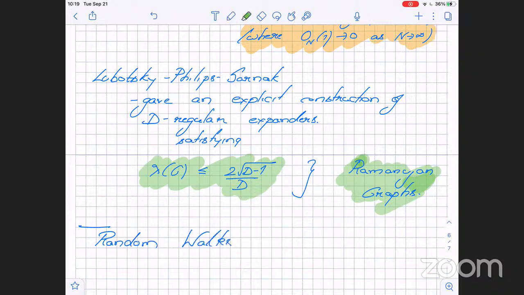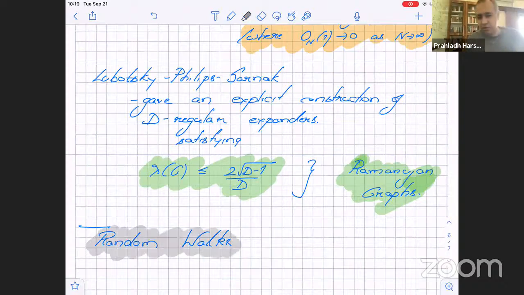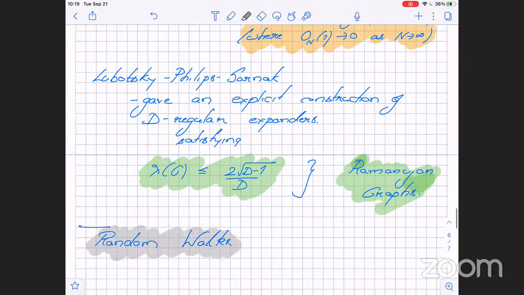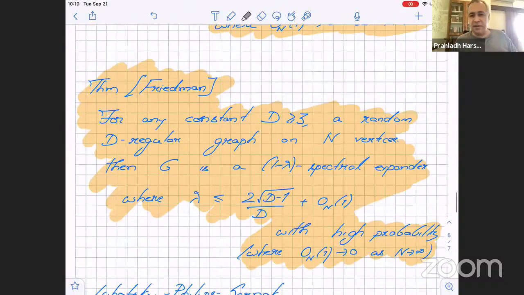So what does it mean to randomly sample from an infinite family of d-regular graphs? You're asking what's the probability distribution? Yes, something like that. The way I have stated it here, for every n, I pick a random graph on n vertices which is d-regular. And for that particular n, the probability will go as 1 minus little o(1).